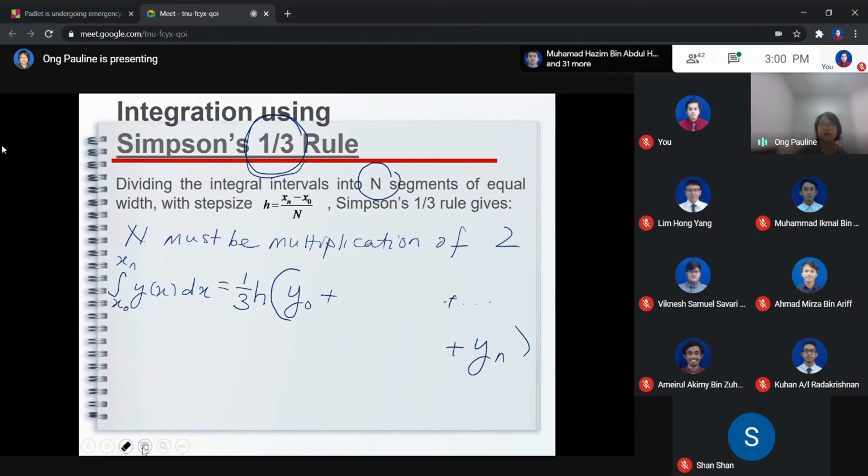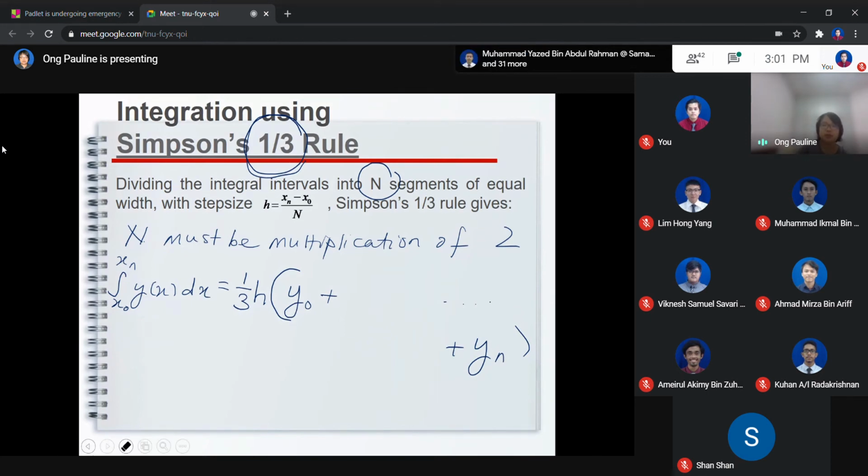However, for the intermediate values, previously you had 2, 2, 2, right? 2y1, 2y2, until 2y(n-1). So this is for the trapezoidal rule, where you have the constant coefficient 2, 2, 2. But for the Simpson's 1/3 rule, we will have the constant coefficients in the sequence of 4, 2, 4, 2, 4, 2.